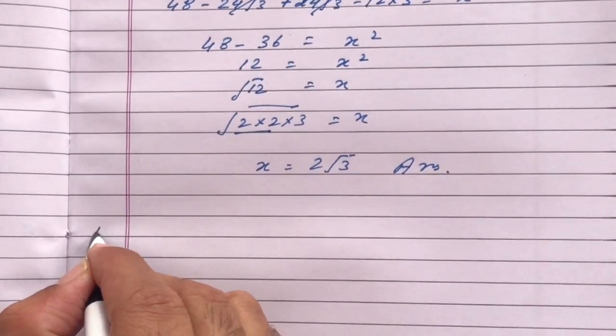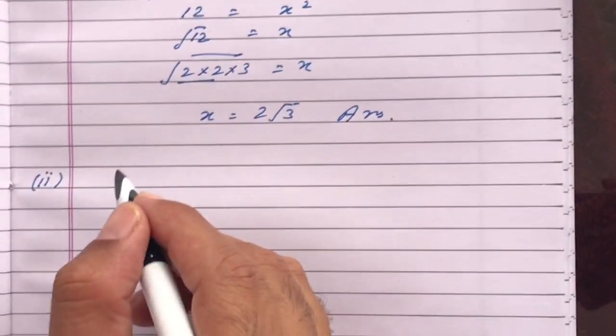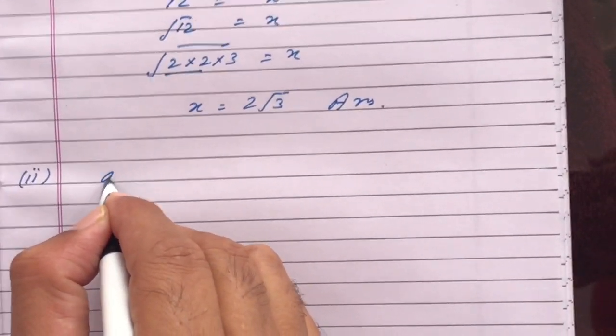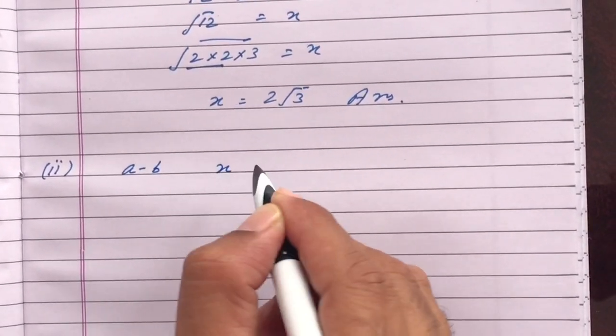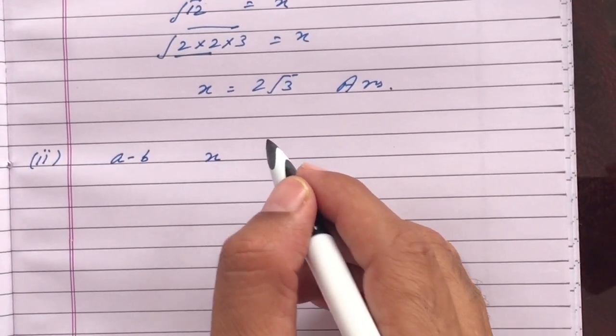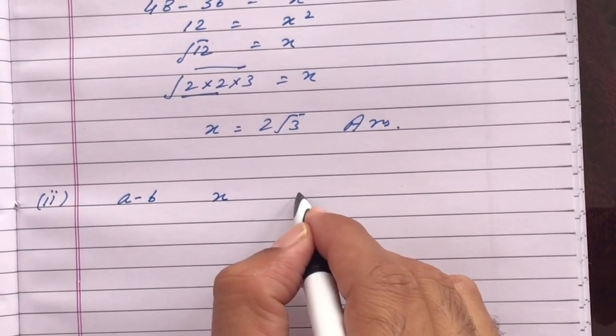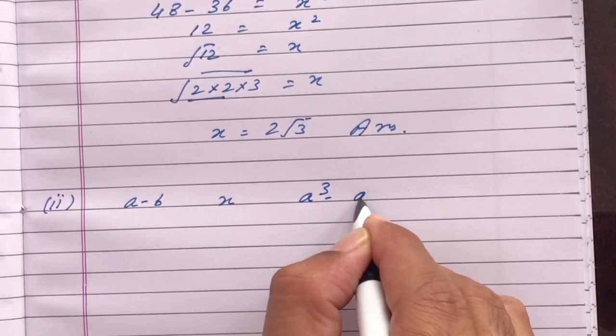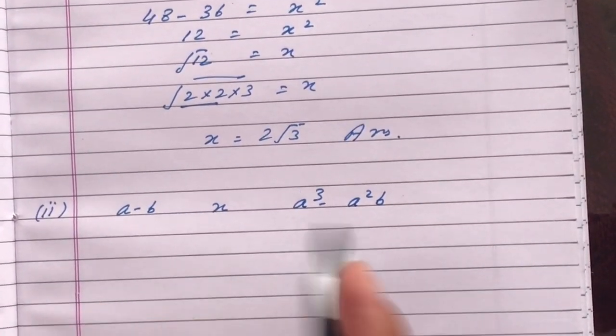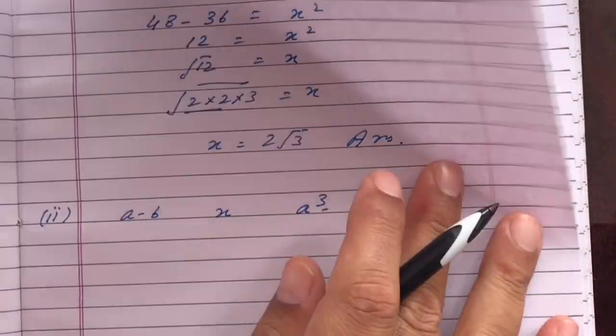Then question number 3, part 2. A minus b, mean proportion I take as x, then a cube minus a square b. So again I have to repeat the middle.